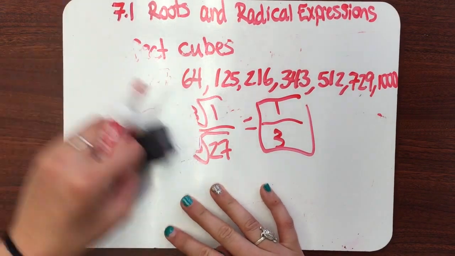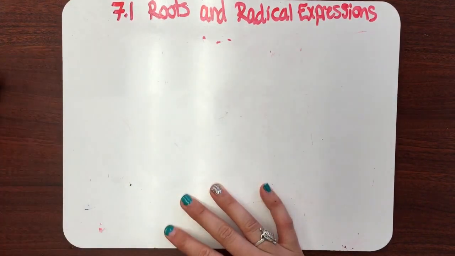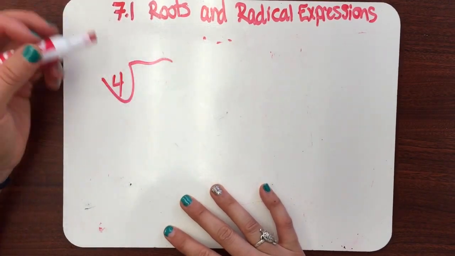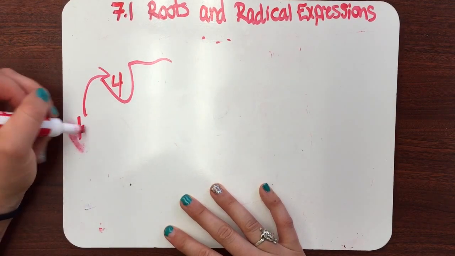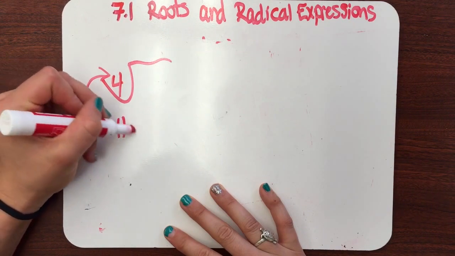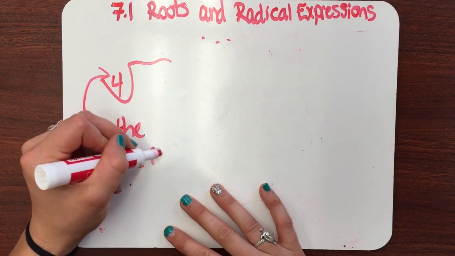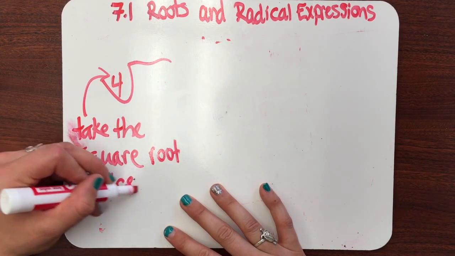Okay, so now we can go over the fourth roots. The easiest way to do fourth roots is going to be to take the square root twice.